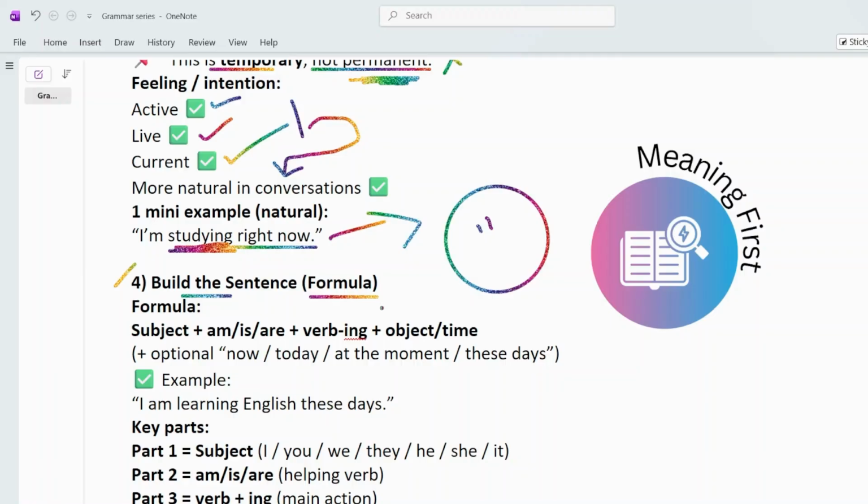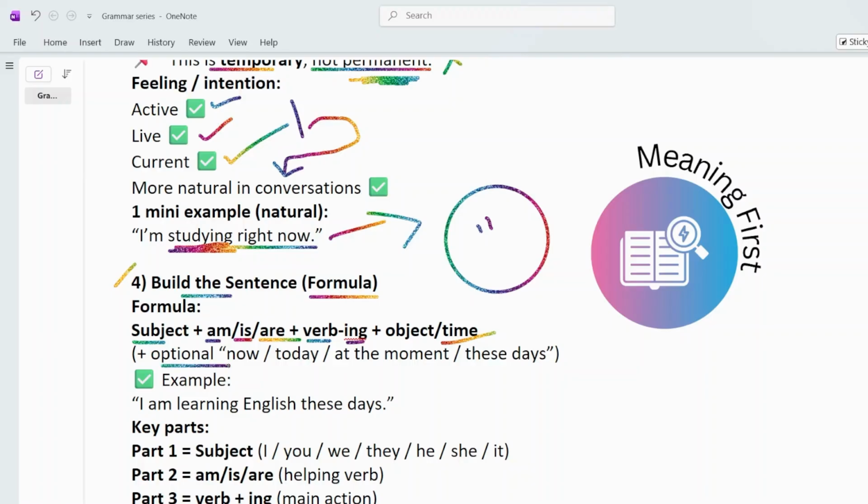All right, present continuous has a formula, and let's look at that. Okay, so the formula is subject, all right, am, is, or are, plus verb, that is your action word, in the ing form, plus object and time. I also told you in the last lesson that time is pretty much optional.